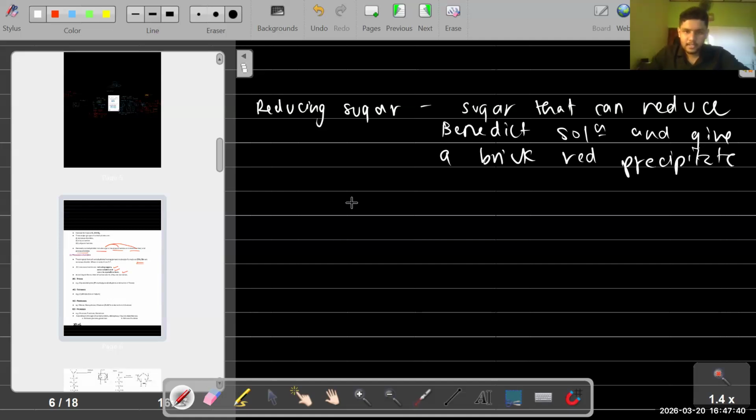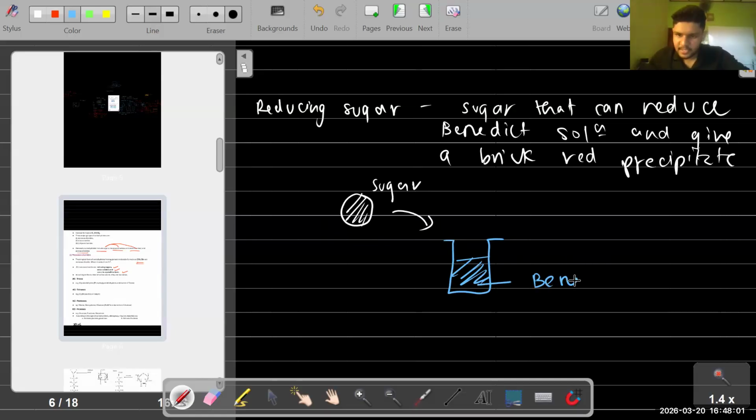Which means, now think I am taking a sugar. Now I want to check whether this sugar is a reducing sugar or not. So what I do is take this and pour it into Benedict solution. Just think of this as a chemical, Benedict solution. I am adding this sugar.